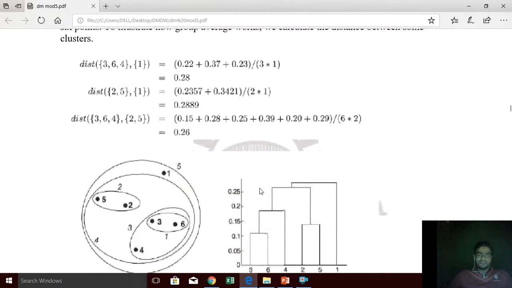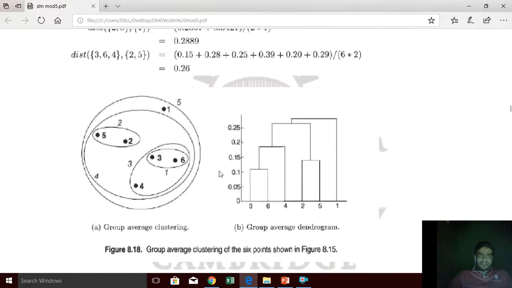We took different examples of how the clusters are merged, and how a dendrogram is plotted. 3, 6 is merged with 4, 2, 5 is one cluster, which is merged with the first one. So the first one is merged with all the clusters, and this is in turn merging with this.